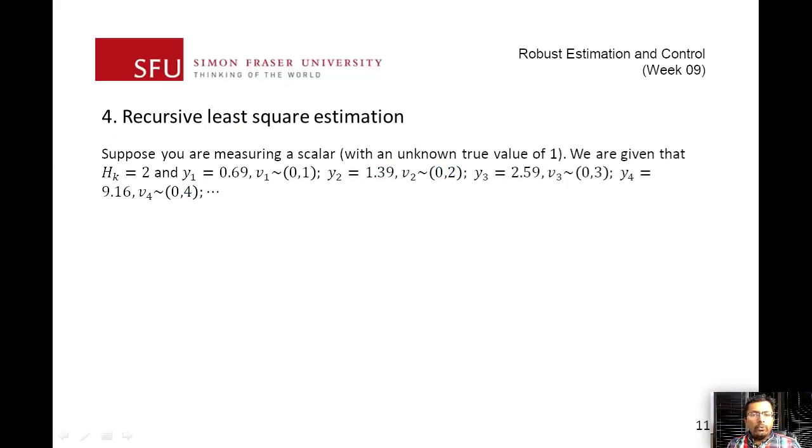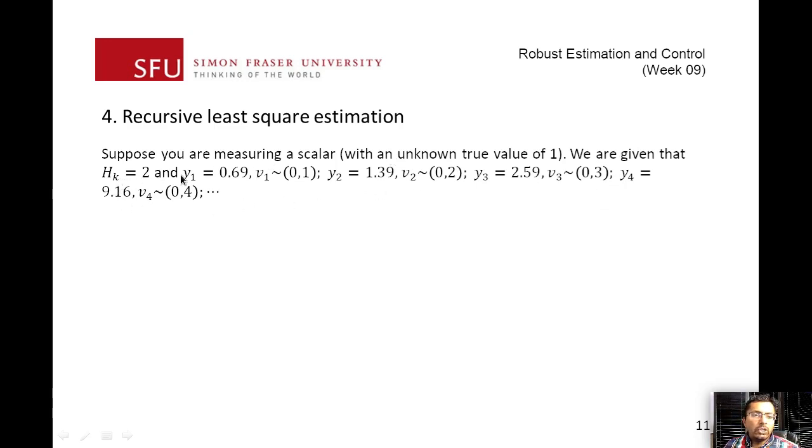So next we're going to introduce the concept of recursive least square. Imagine when you're measuring an unknown value, rather than getting all of the values at once, you get values of this form.